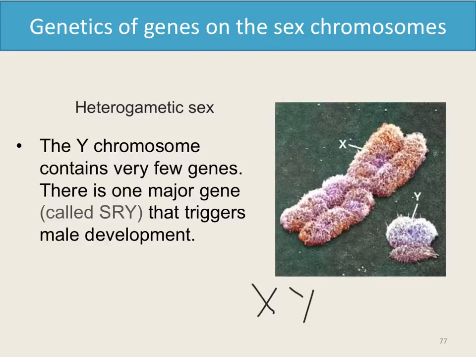And many of the genes on the X chromosome, of course, have to do with reproduction, including the amount of sperm you make, the quality of the sperm you make, all sorts of different things.